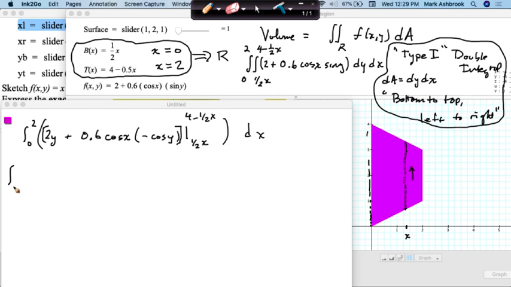Here we go. We'll stop after this. We're going to plug in 4 minus 1/2 x for y, and then plug in 1/2 x for y and subtract.